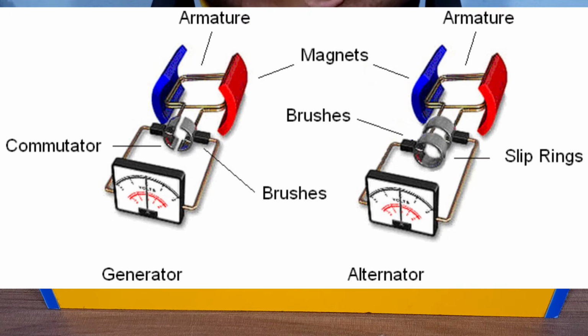AC generators are highly efficient, and DC generators are much less efficient due to sparking and loss in copper and eddy current. So we will see in detail about Fleming's right hand rule before we move to our working model.